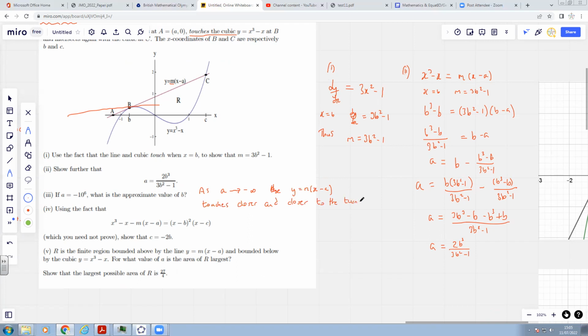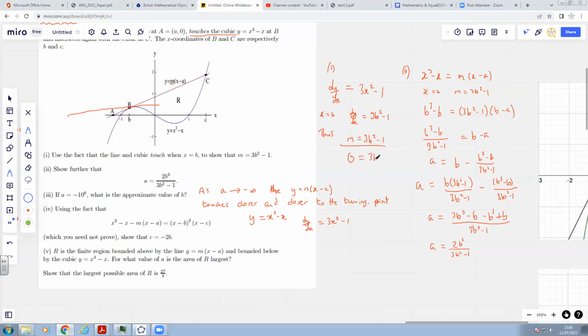And so we just need to find the x-coordinate of that turning point, because we want b, yeah? And b is where the turning point occurs. So all we really need to do is y equals x cubed minus x. So dy by dx is 3x squared minus 1. Actually, we could just use this. The gradient gets closer and closer. I mean, this is another way of looking at it. The gradient of that line gets closer and closer to 0, the more negative you get.